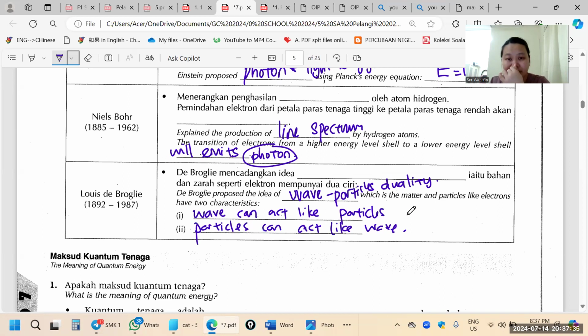Okay. So that is all about the atom, inside the atom. That's why if you learn physics in Form 4, Form 5, we also encourage you to learn chemistry. They are related to each other.